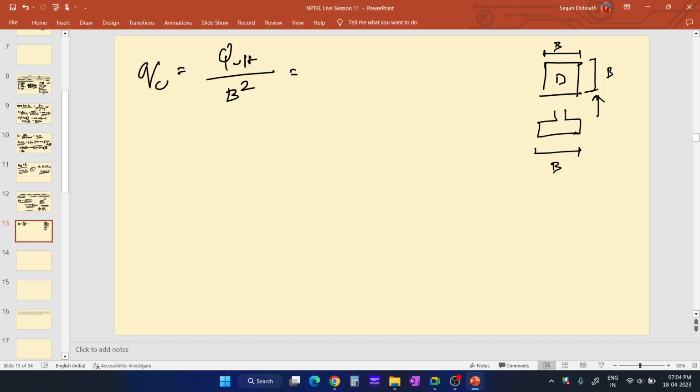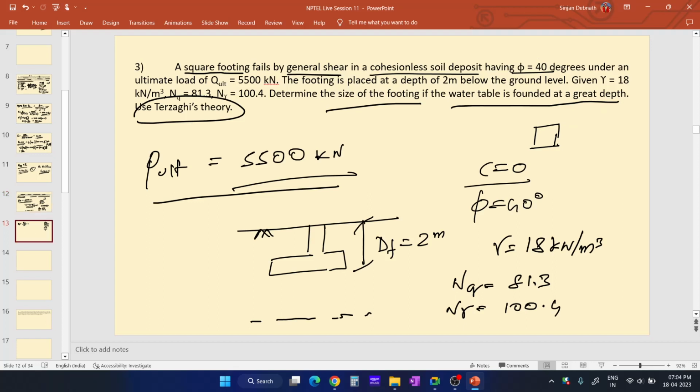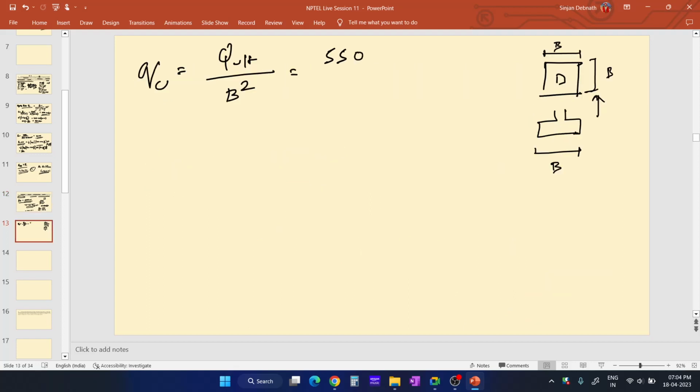So Q ultimate is 5500, divided by B square, in kilonewton per meter square.